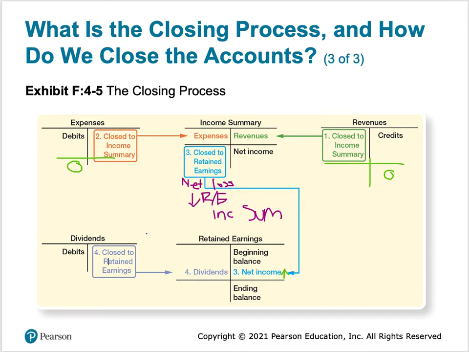And then finally, we close out dividends to retained earnings, and so we credit dividends and we debit retained earnings, and that closes out that account and decreases retained earnings to give us an ending balance. And this ending balance will match the ending balance that you've prepared and posted to your financial statements.